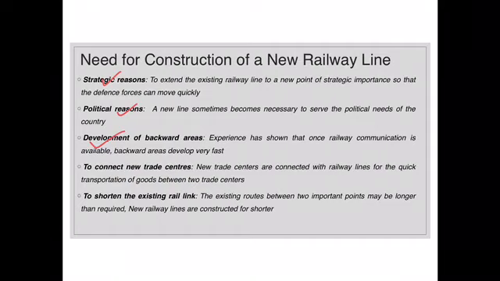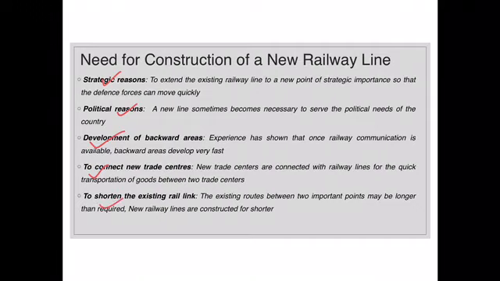If you want to develop any region, provide a good transportation facility and you can see faster development. Also, it may be required to connect two new trade centers, where industries may have been established and goods must be transported quickly between them. So to connect any newly developed trade center, you can go for the construction of a new railway network.